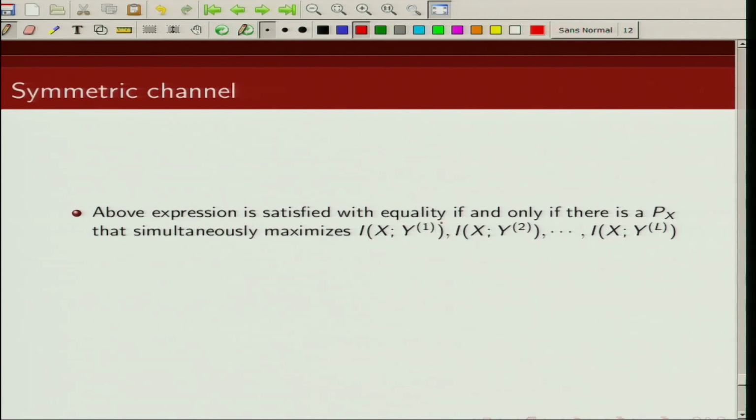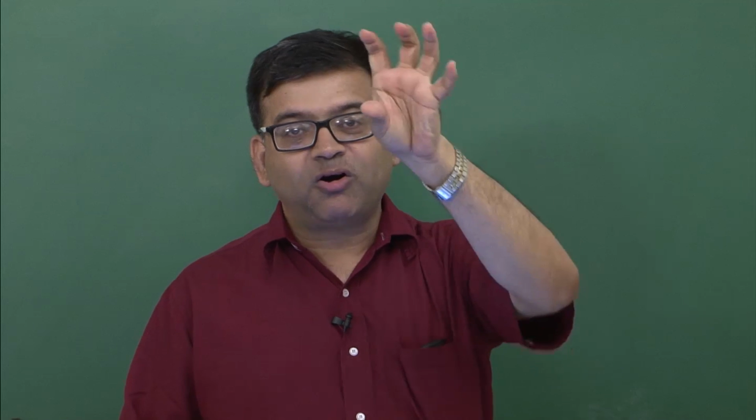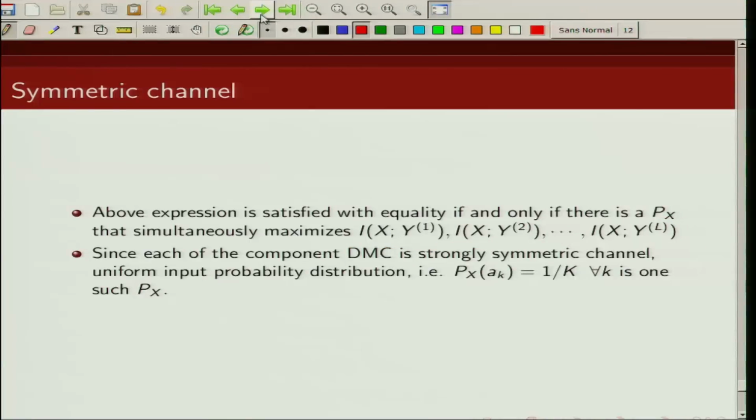So the above expression, as I said, is satisfied with equality if and only if there exists an input distribution that simultaneously maximizes the mutual information of each of these individual channels, and we know it is a uniform distribution that will maximize this. Why?